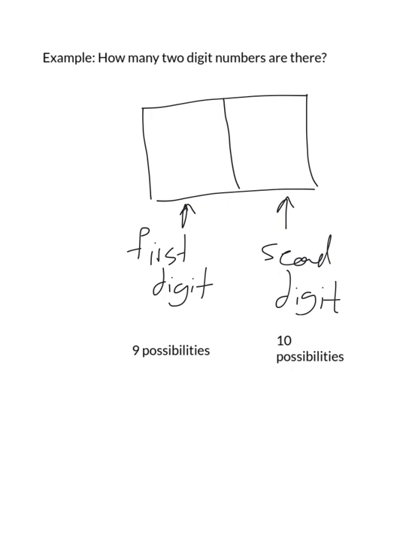And in total, by the product rule, the total is pairs of digits of the first position and the second position. Then we have 9 times 10, which is 90 two-digit numbers.